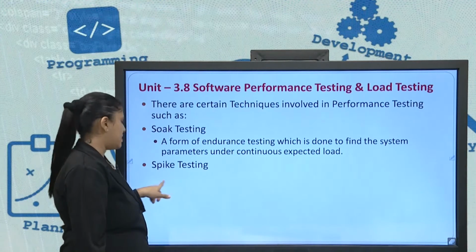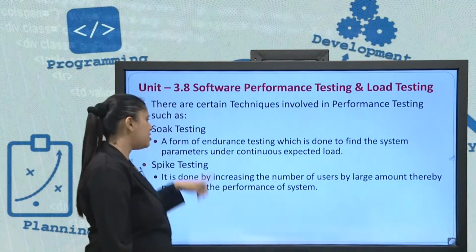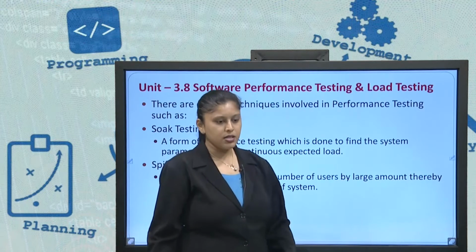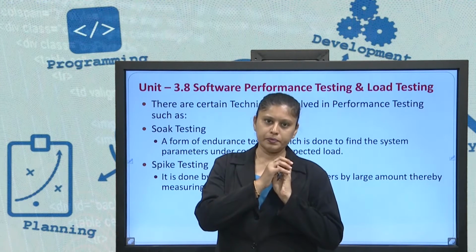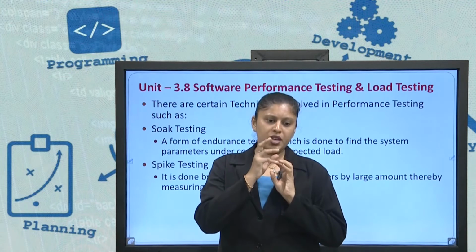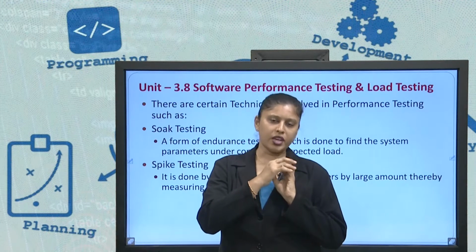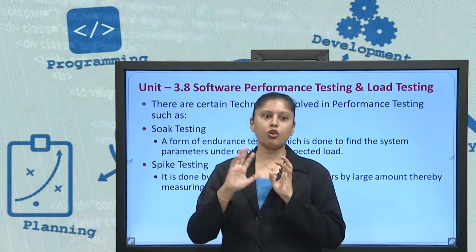Then spike testing. It is done by increasing the number of users by a large amount, thereby measuring the performance of the system. So, here what happens is, previously my system was working fine with 1000 people. In spike testing, we increase the number of users very high. For example, 1000, okay, it can work. I increase it directly to 2000 or 3000 or 4000.